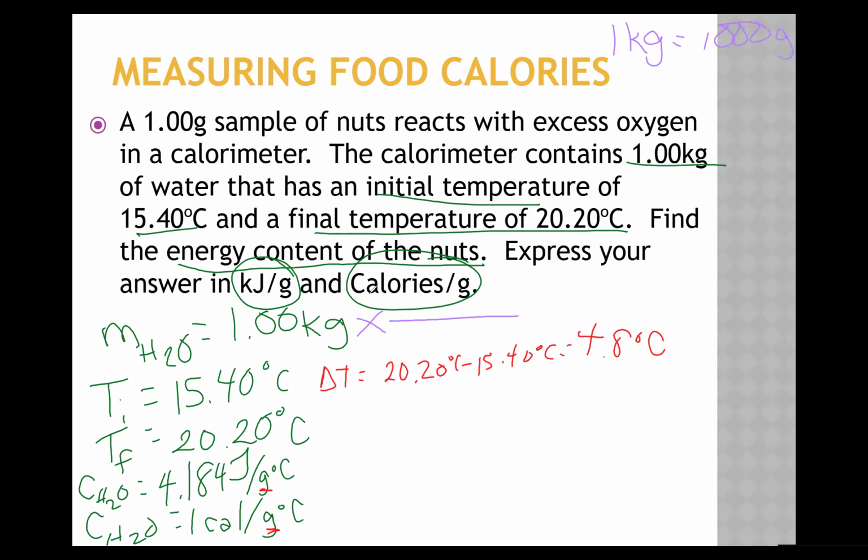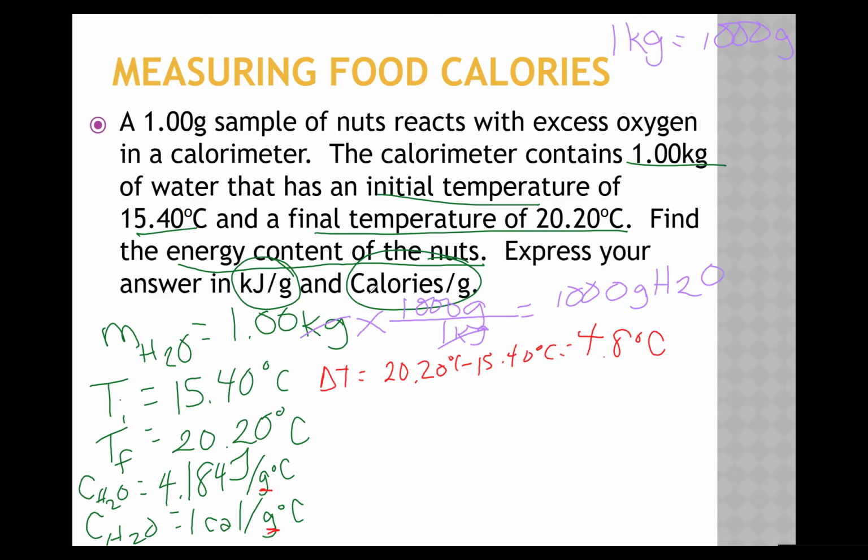So if I want grams, grams go on top, kilograms go on bottom. It's 1,000 grams for 1 kilogram. My kilograms cancel out. So I have 1,000 grams of H2O. Now I can pop everything in.